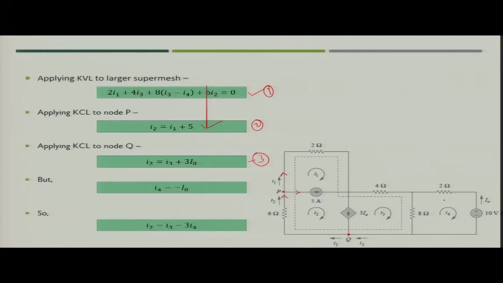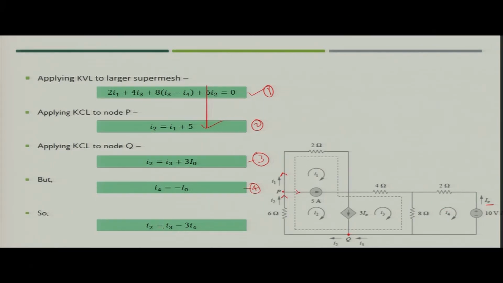The fourth equation we will get by writing the equation for this mesh, right. Now, if you see this mesh, I4 is nothing but minus of I0, because I4 and I0 are in opposite directions. So, you will simply get I4 equal to minus I0.